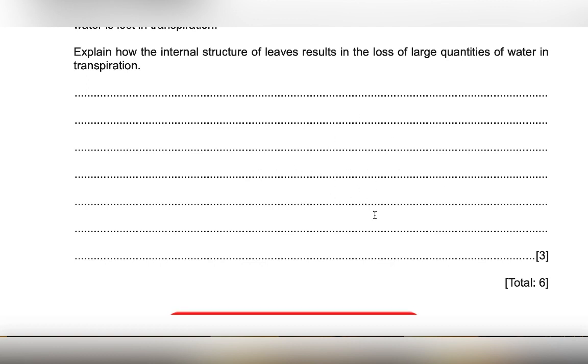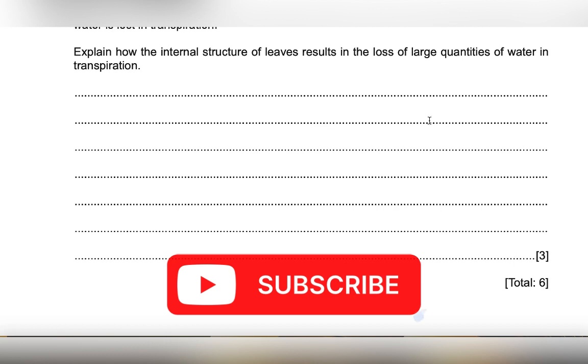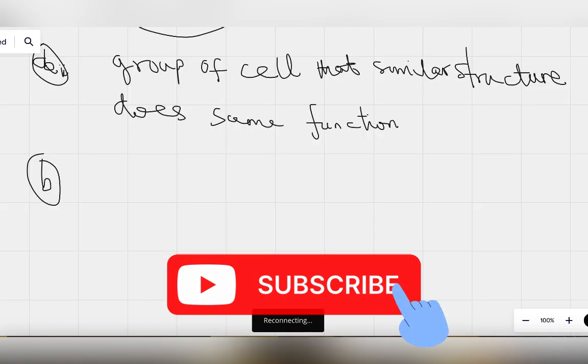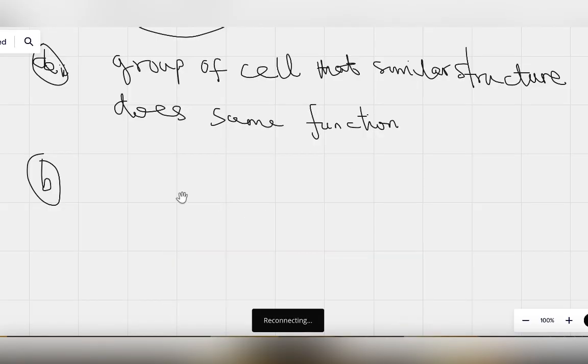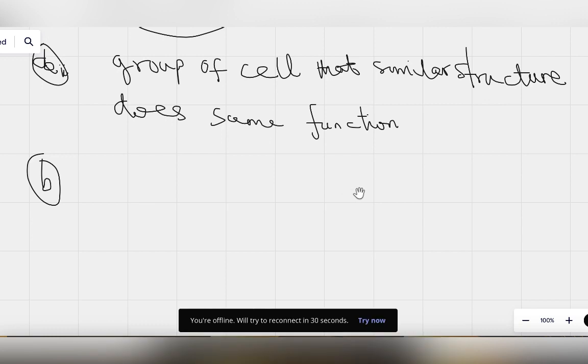Okay, so these are the points you write, you get your 3 marks. If the board allows or is still connecting, I wanted to give the points. First point is large surface area of the leaf.